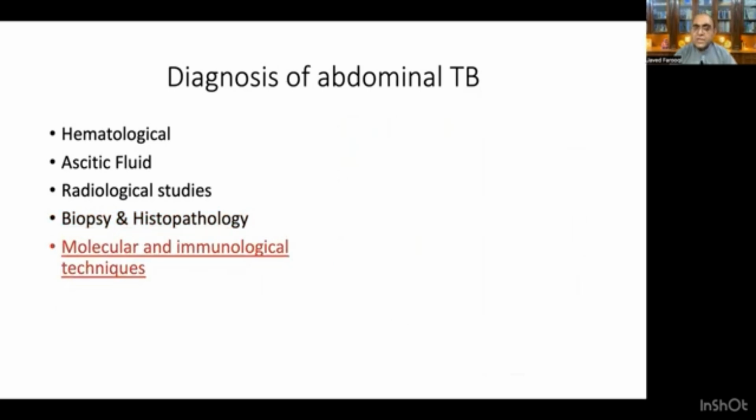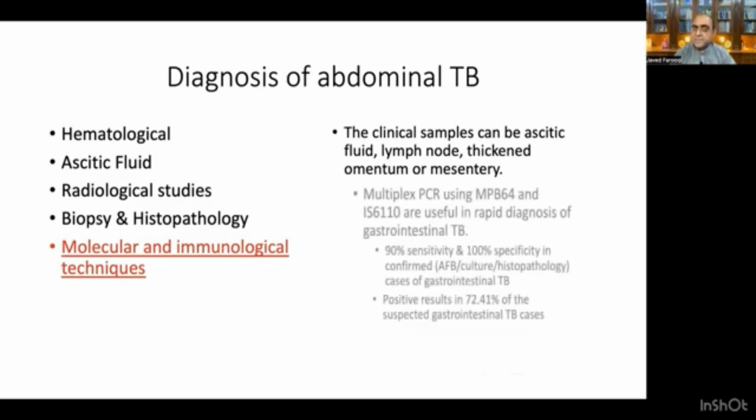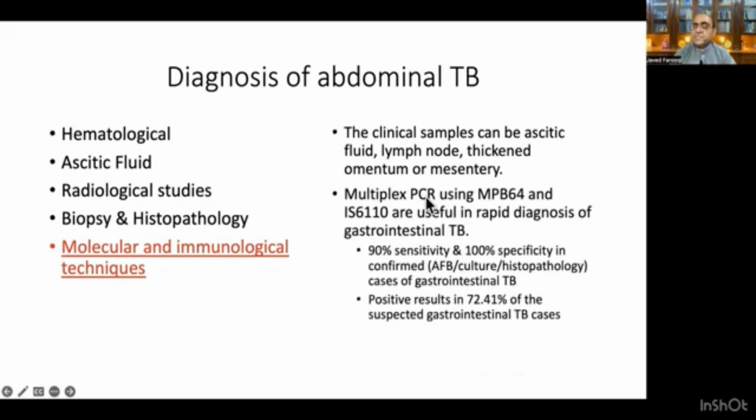What about molecular and immunologic techniques? The clinical samples can be ascitic fluid, lymph node, thickened omentum, or mesentery. So any specimen from any of these can be subjected to PCR examination. Multiplex PCR using MPB64 and IS6110 are useful in the rapid diagnosis of gastrointestinal tuberculosis.